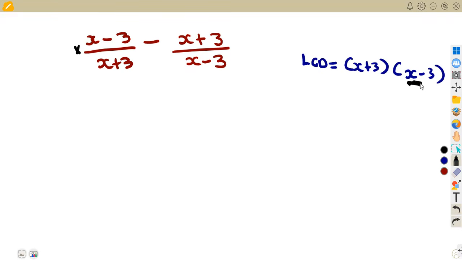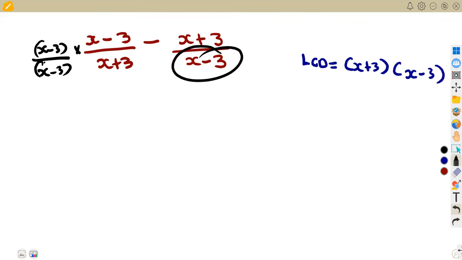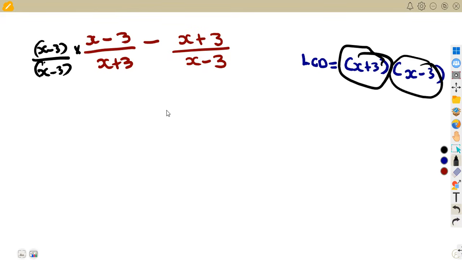So we need x minus 3, so you're going to multiply by x minus 3 over x minus 3, like this. On the other hand, on the minus side, we have x minus 3. So what are we going to need on this side so that we remain with our LCD, which is x plus 3, x minus 3?